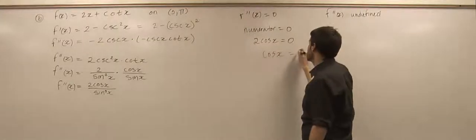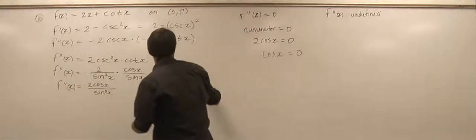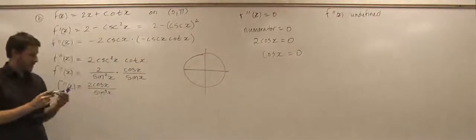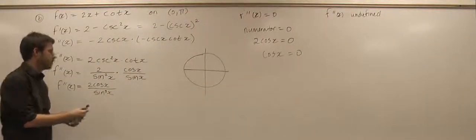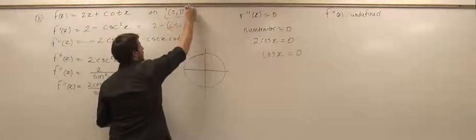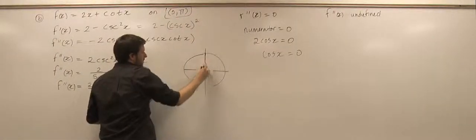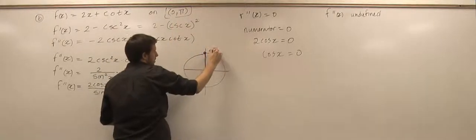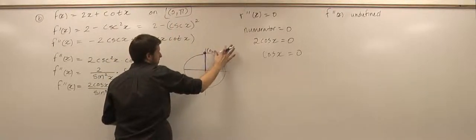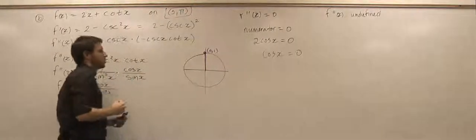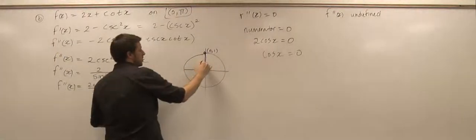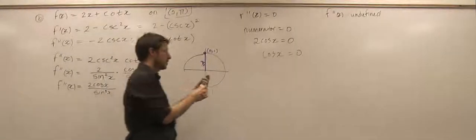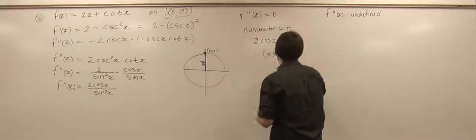I need to know where cos x equals 0. Pi over 2. Now be careful because I gave you a slightly smaller interval than usual. Cosine is 0 between 0 and pi only at pi over 2. That's where my x value is. So this gives me one solution, pi over 2.